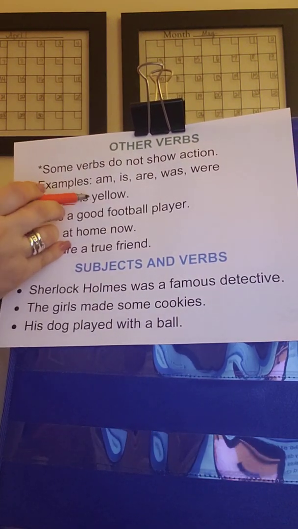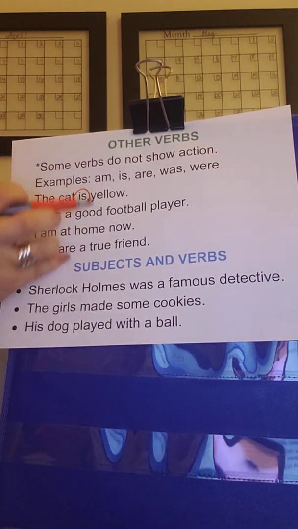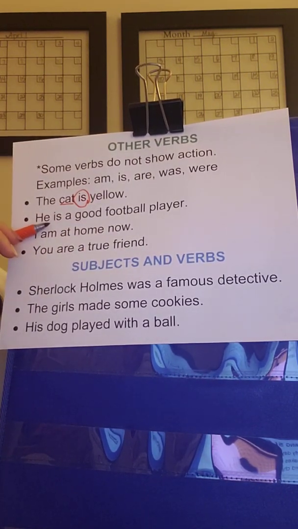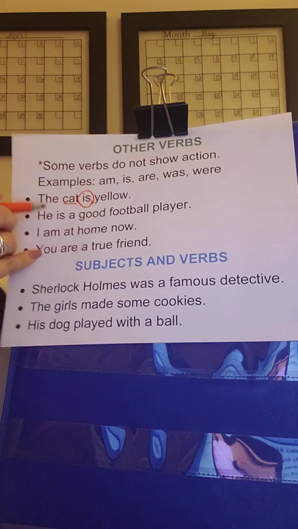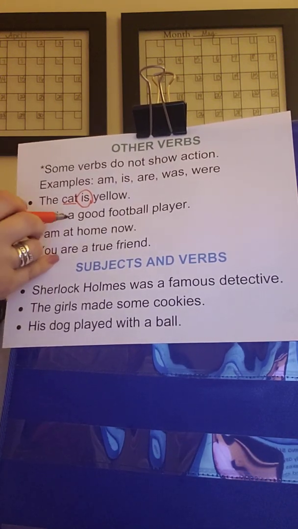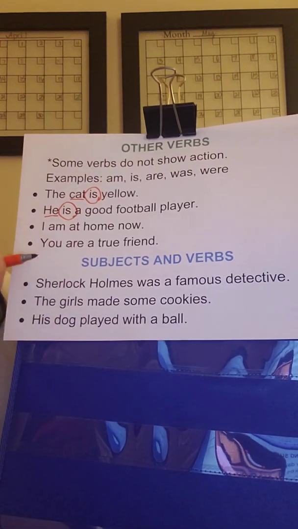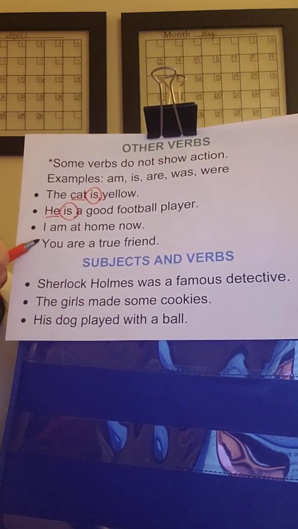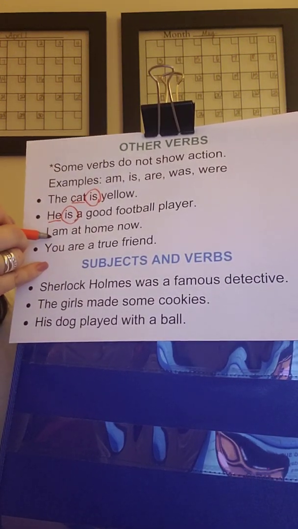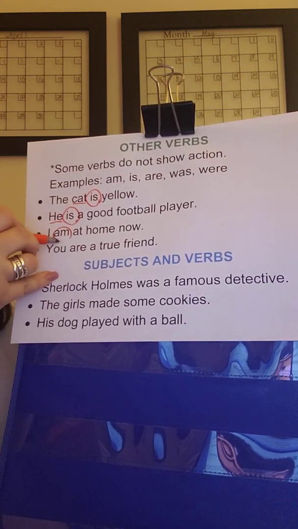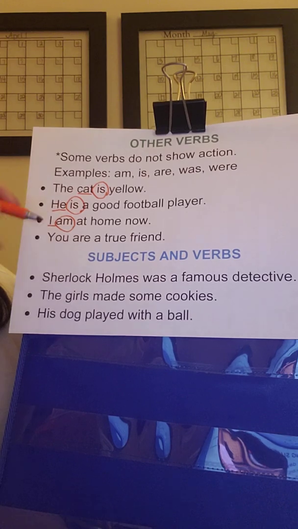Subject is cat. Is would be the verb. He is a good football player. Sentence is about he, and the verb is. I am at home now. I is the subject. Am is the verb.